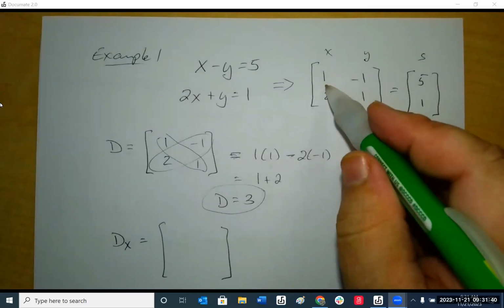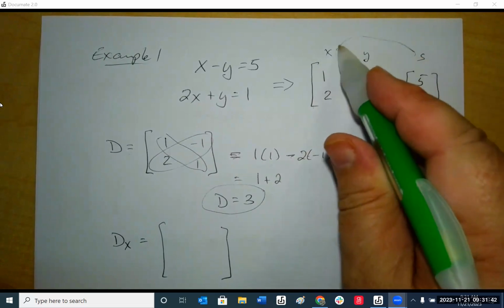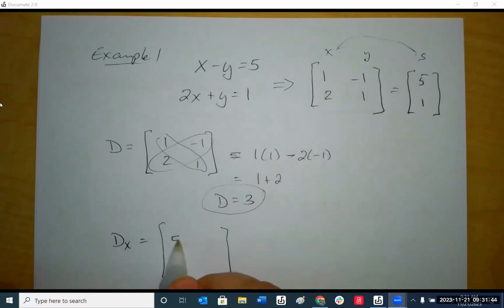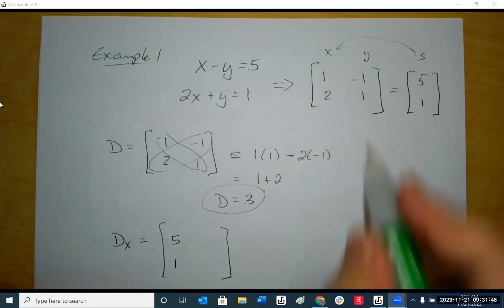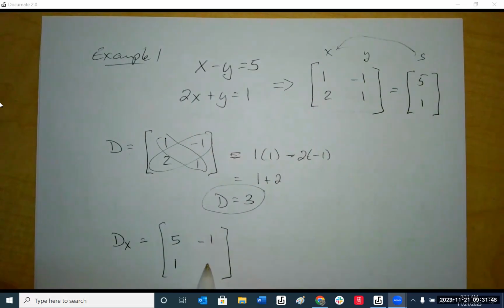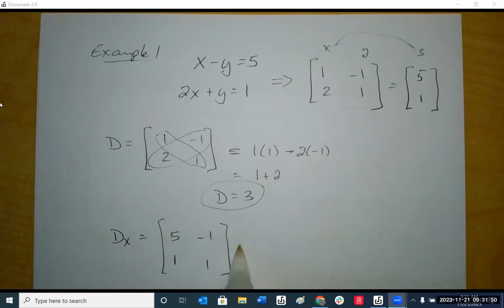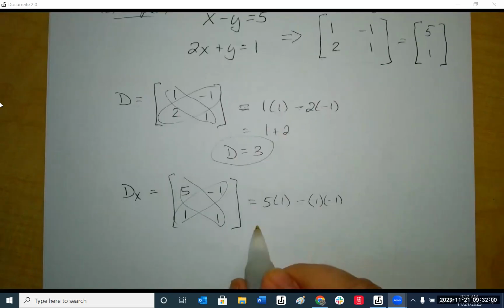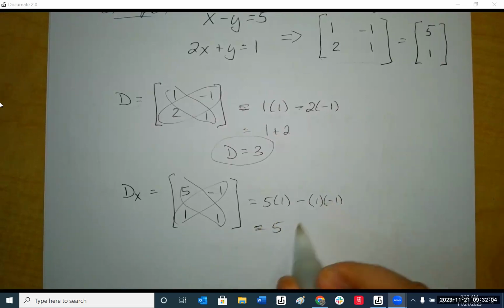Since I'm solving for x, I take my solutions and put them in place of x. So it's 5, 1. Leave the y's alone. Five times 1, 1 times -1. 5, negative is positive. So my dx is 6.